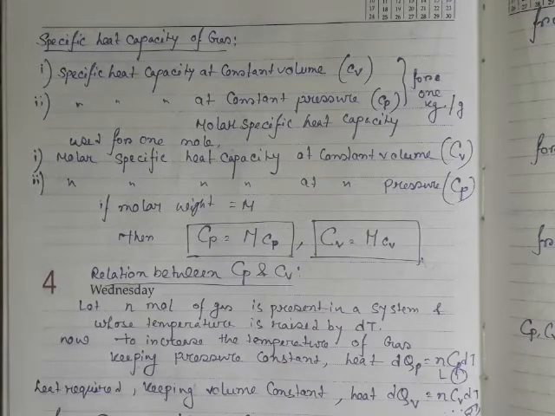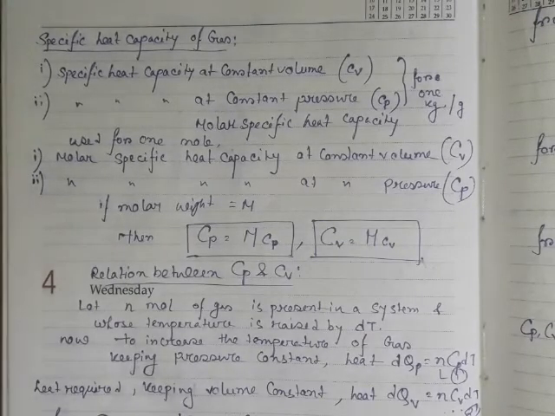In both these two cases you need a different amount of heat to heat up the same amount of gas to the same temperature. Okay, so from here we come to the conclusion that this gas must have two different specific heat capacities depending upon how we are heating up this gas.